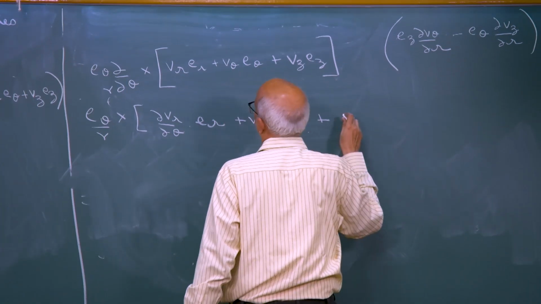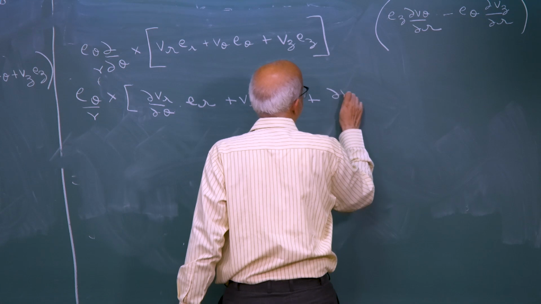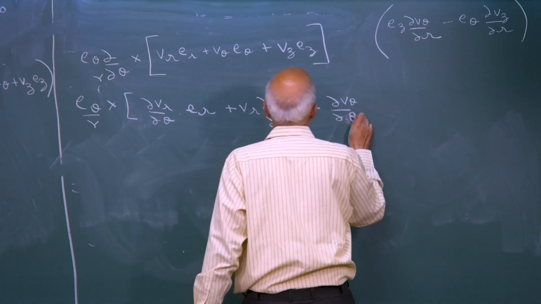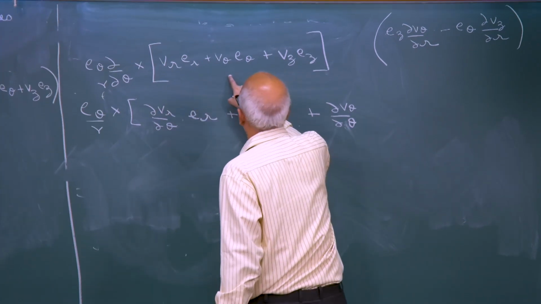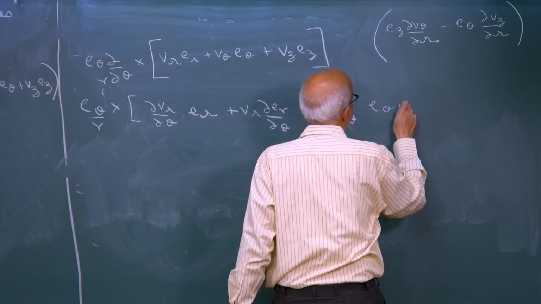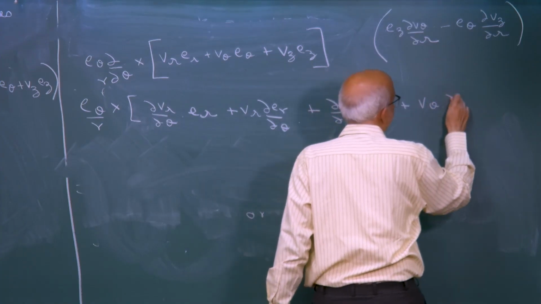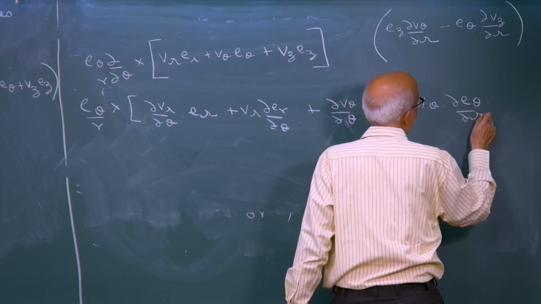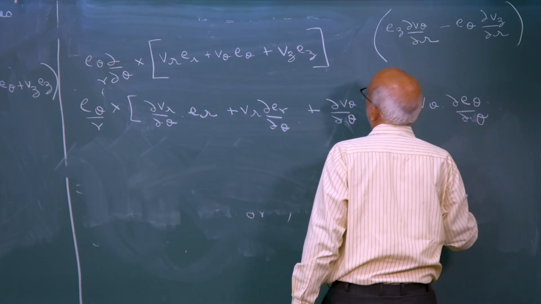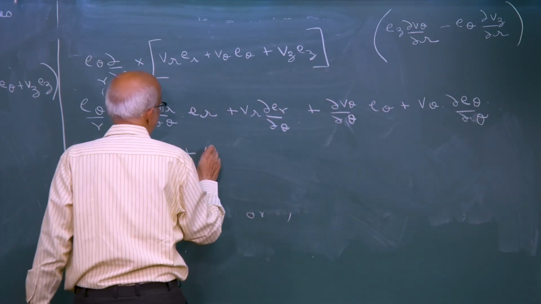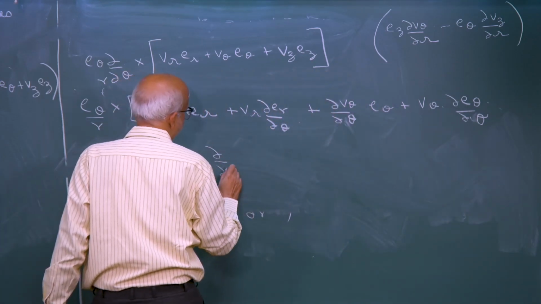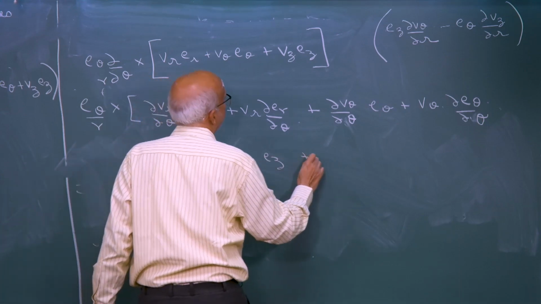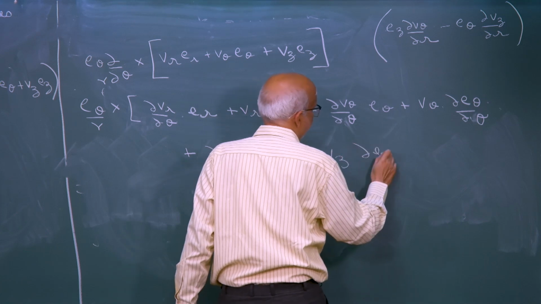Plus again product rule: dV theta by d theta, E theta plus V theta times dE theta by d theta, plus d by d theta of Vz Ez plus Vz dEz by d theta.